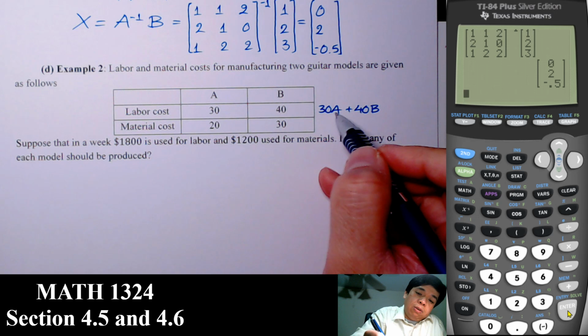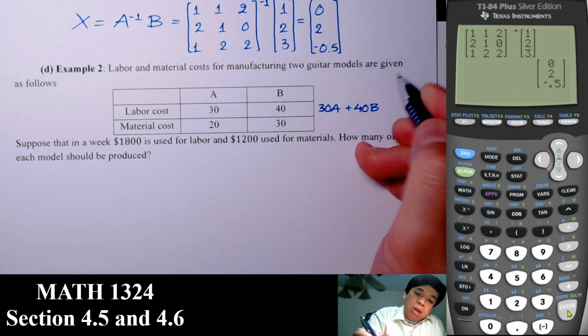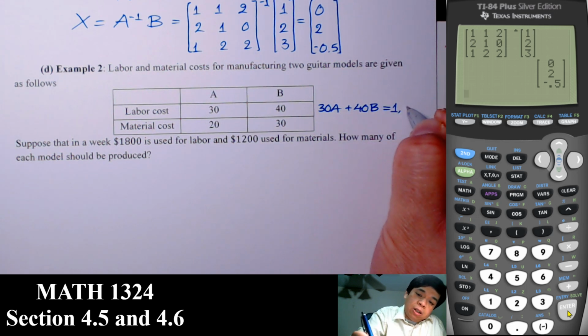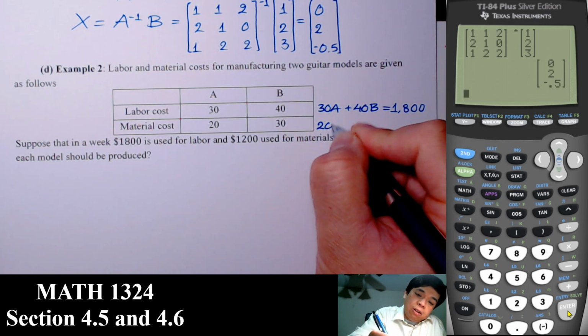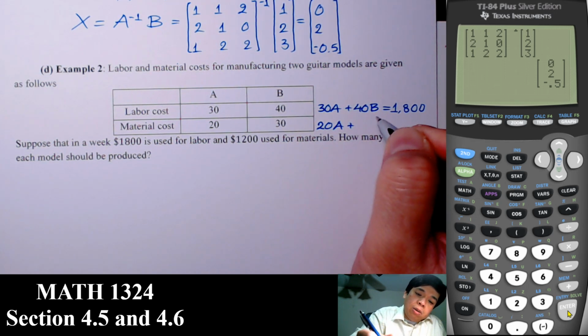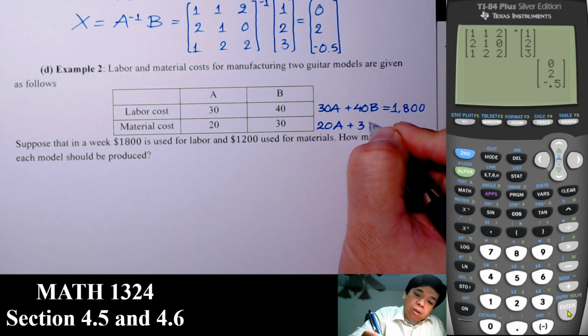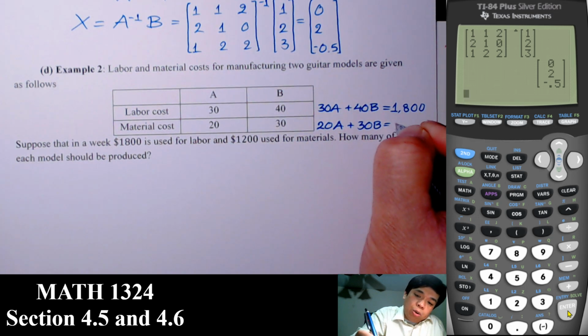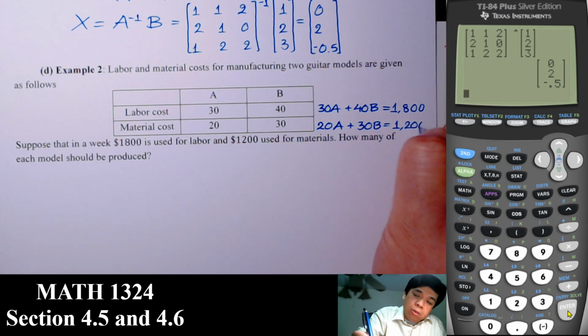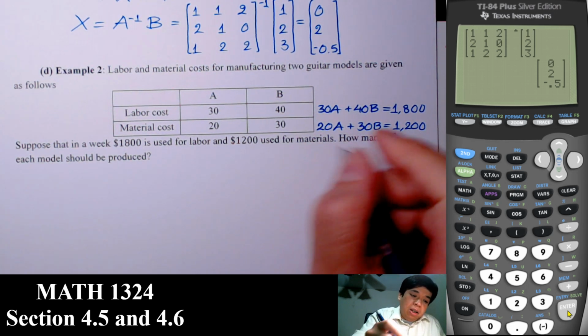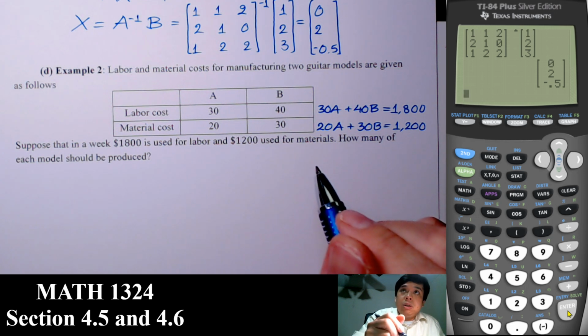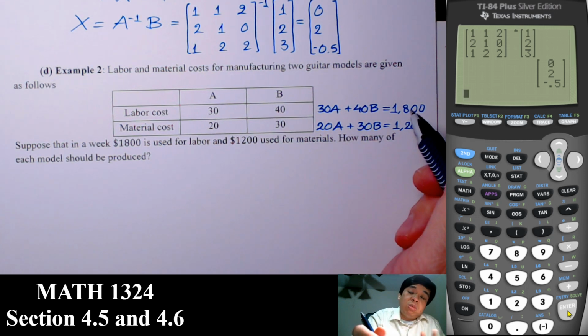So 30 for each guitar A and 40 for each guitar B add up to 1800. Then we have 20 of guitar A plus 30 of guitar B equal to 1200. So you have a system of equations, that's easy.